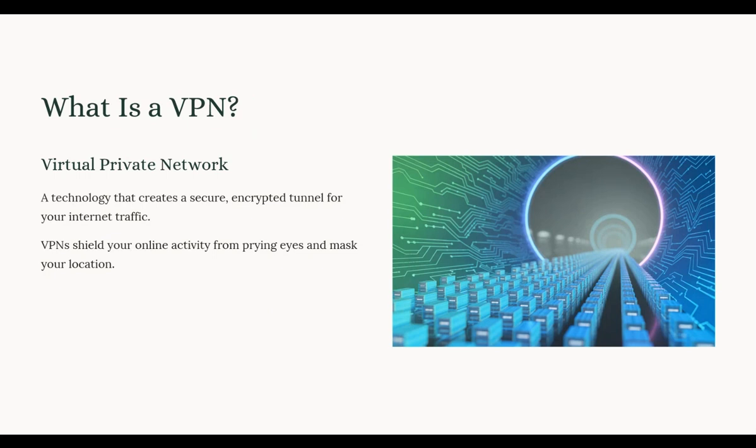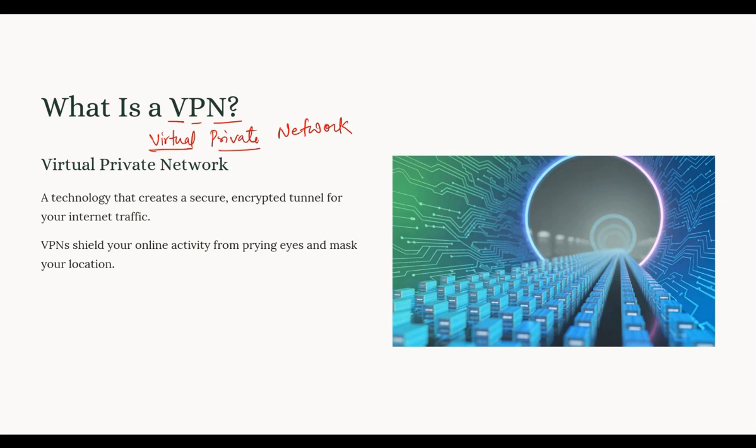So starting with what is VPN, if we break it down, VPN, which is virtual private network, carries private traffic over a public or shared infrastructure like internet. So virtual here means a logical network.